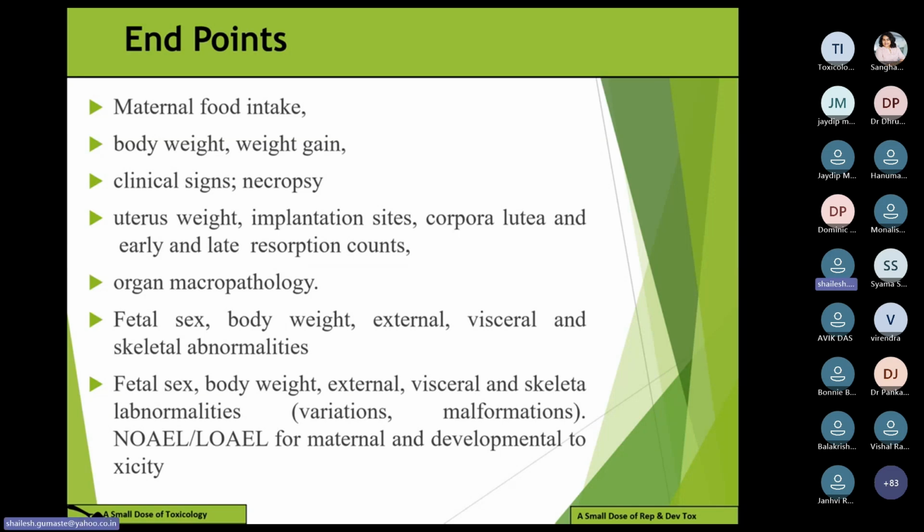Regarding fetal evaluation: fetal sex, fetal body weight, external, visceral and skeletal abnormalities, anogenital distance, CR length, and some hormones, that is T4, T3, TSH, as the endocrine disruptor guideline is revised. Also NOEL for maternal and developmental toxicity.